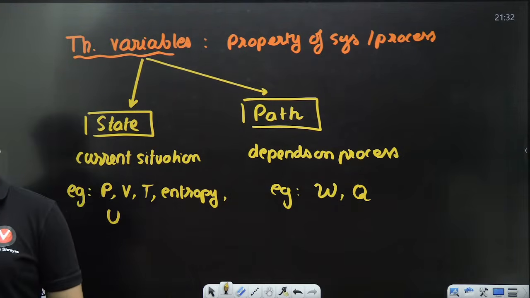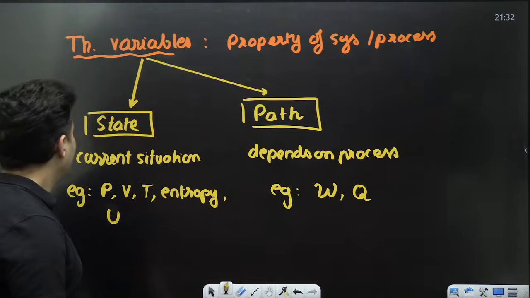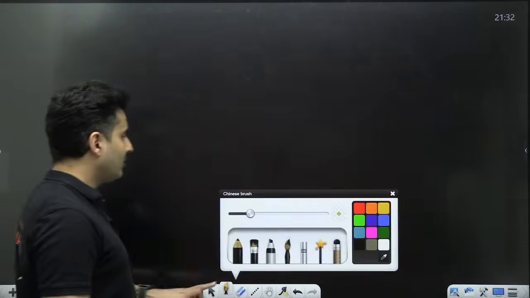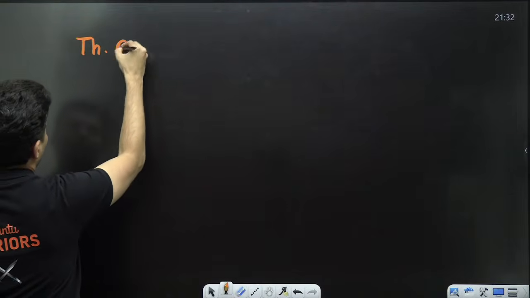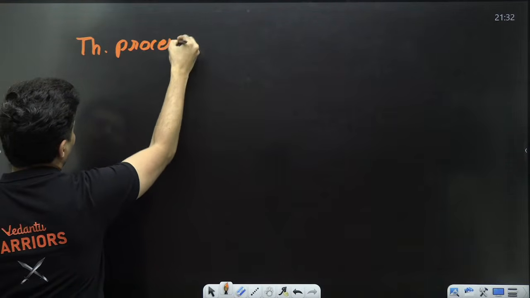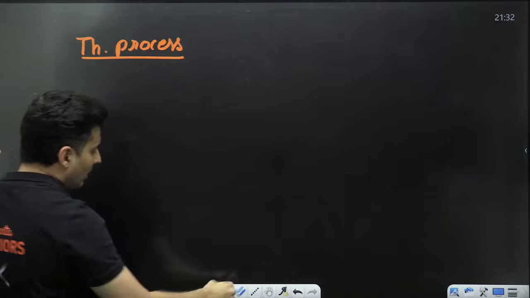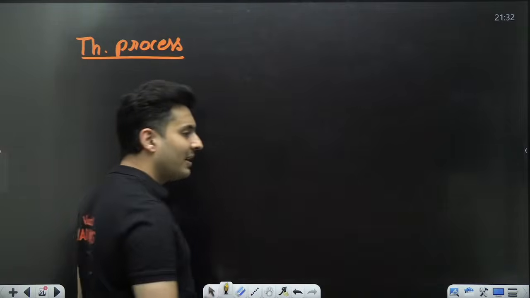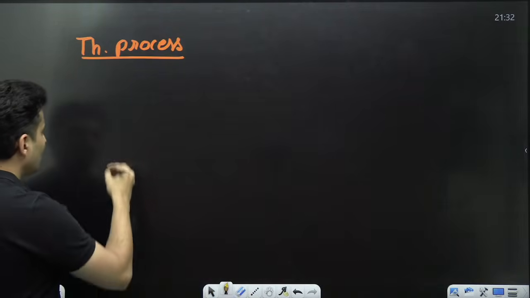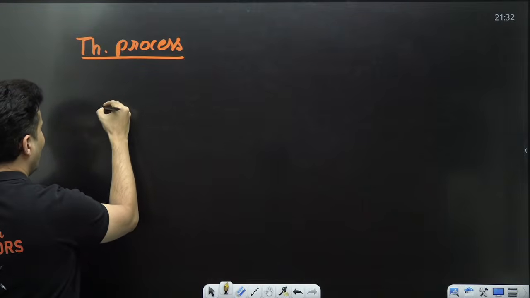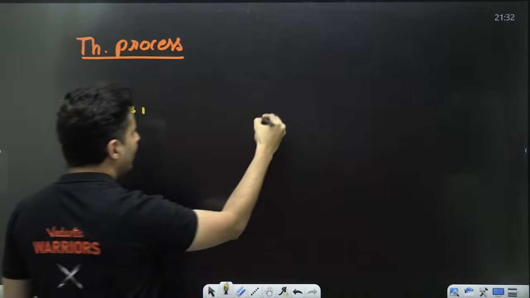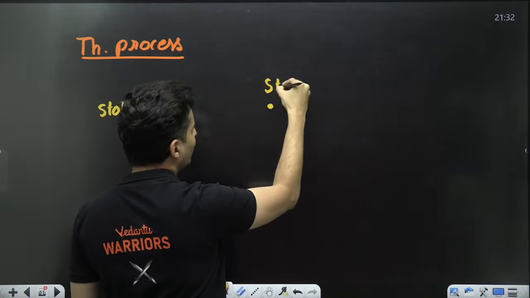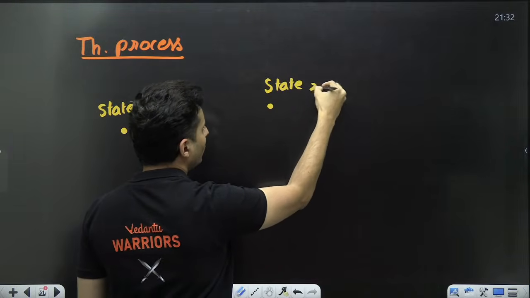Don't worry. Correct. Then let's also talk about thermodynamic process. A thermodynamic process is nothing but where a state changes. So maybe you are in a state 1 and then you have to reach some other situation or state 2.